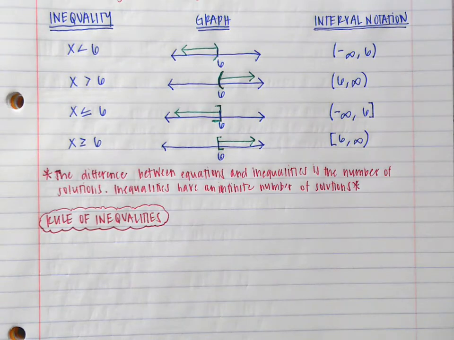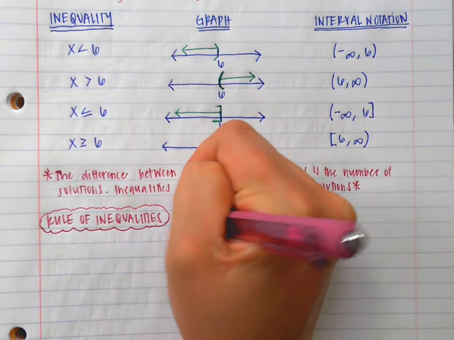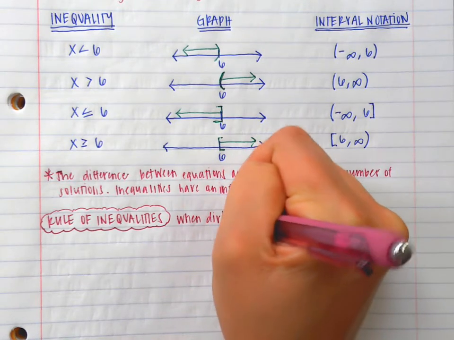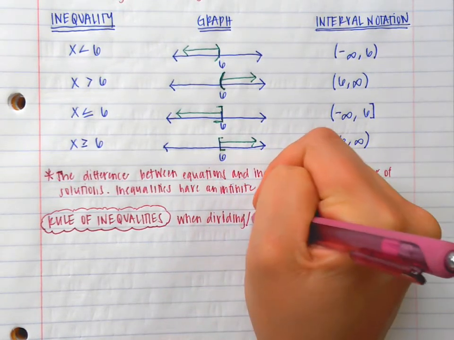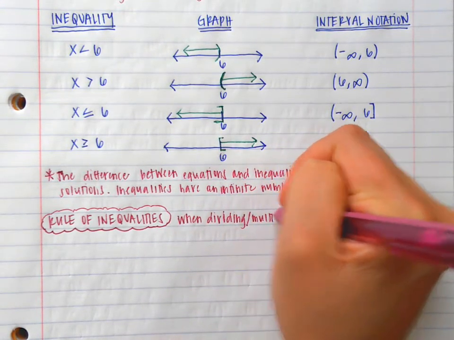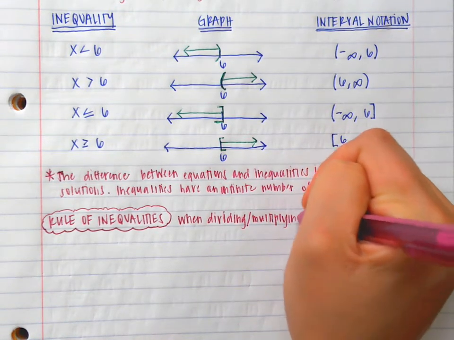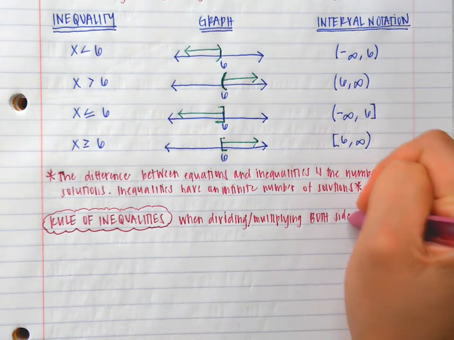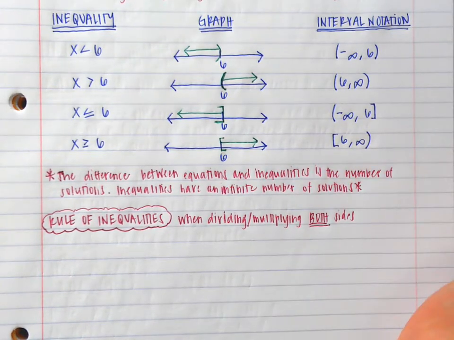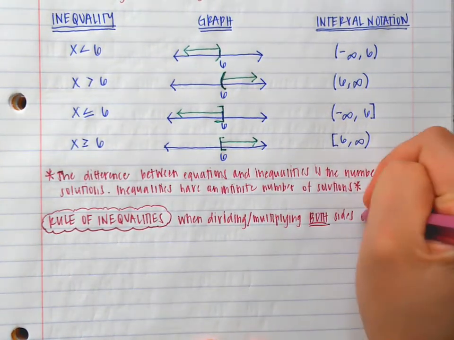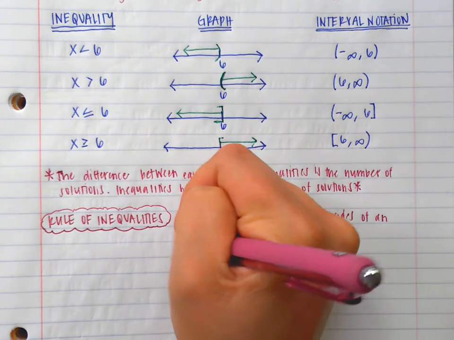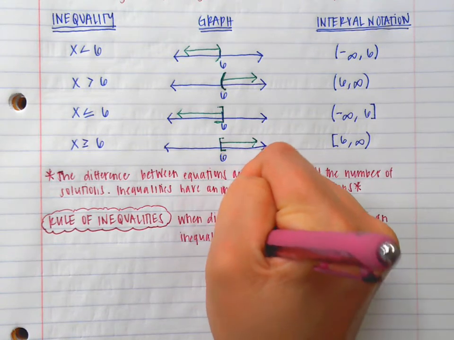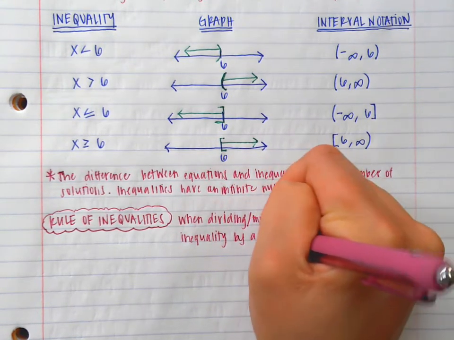Okay, so the rule of inequalities is when dividing, and then maybe that light bulb went on, when dividing or multiplying both sides of an inequality by a negative number.